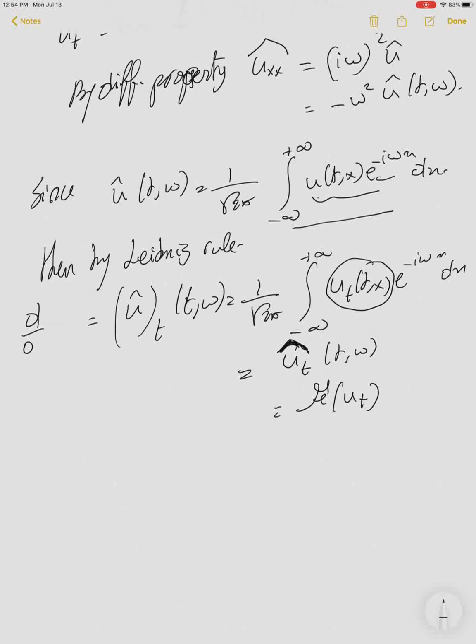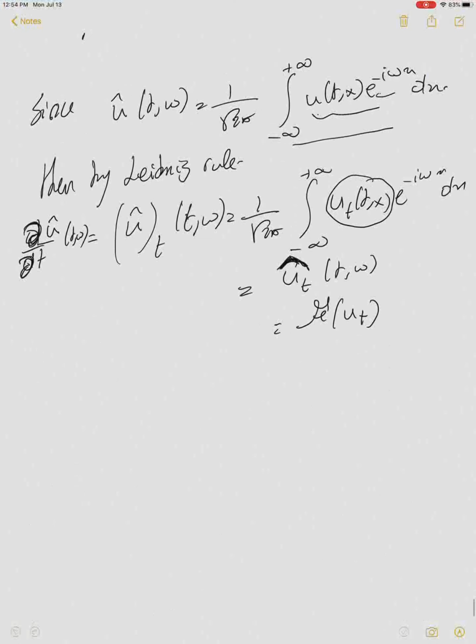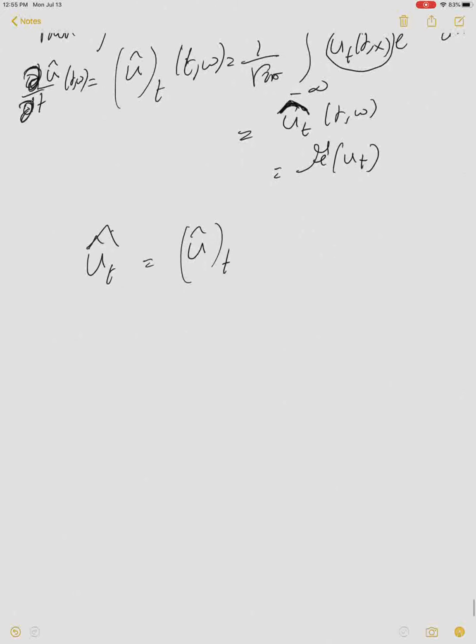This is what? This is partial over partial t of u hat at t omega. Okay. So what I really proved is that u_t hat equals u hat sub t.